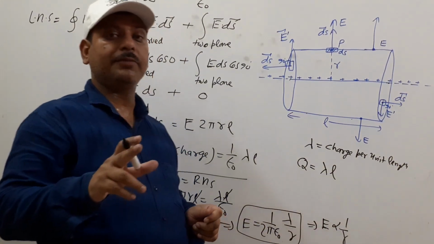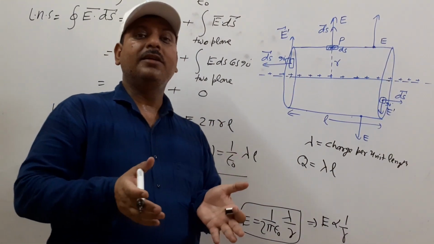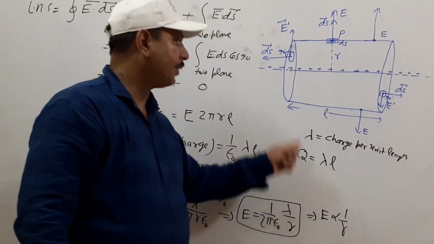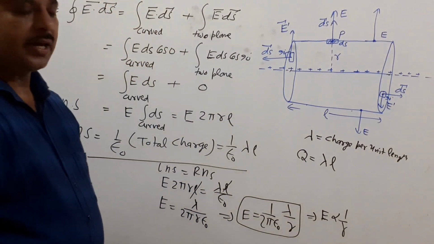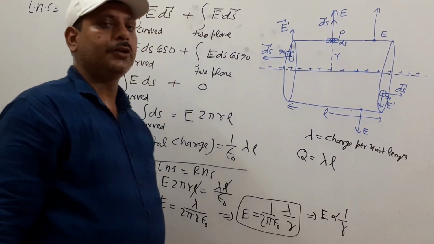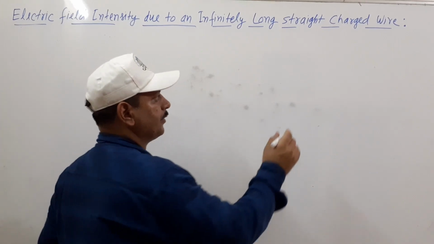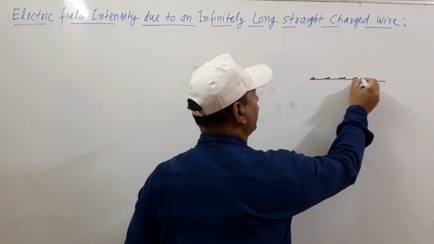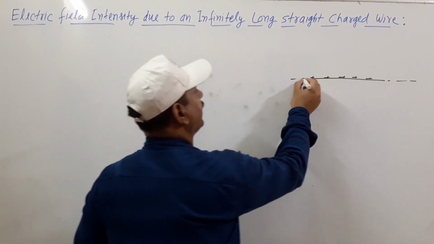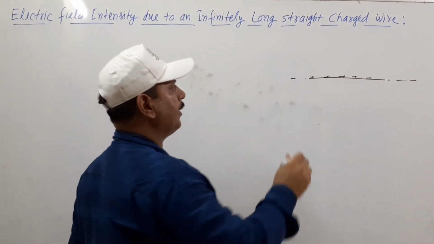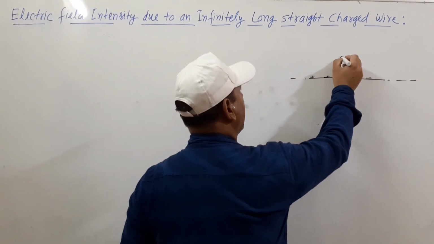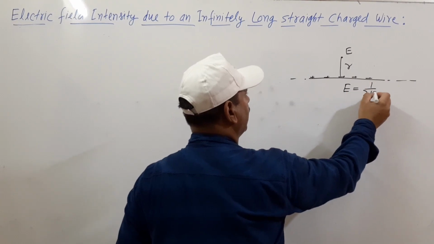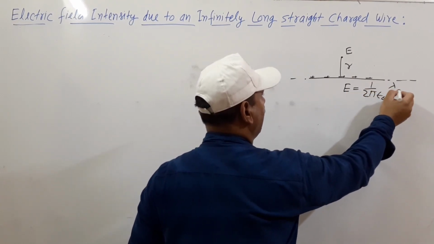In the previous lecture you have seen for a spherical charge or for a point charge, E is inversely proportional to R square, but for a linear charge wire E is inversely proportional to R. See here, I have told you, for a linear charge density charged wire, an infinite thin wire, at distance R, what will be the electric field intensity? E is equal to 1 upon 2 pi epsilon naught lambda upon R.